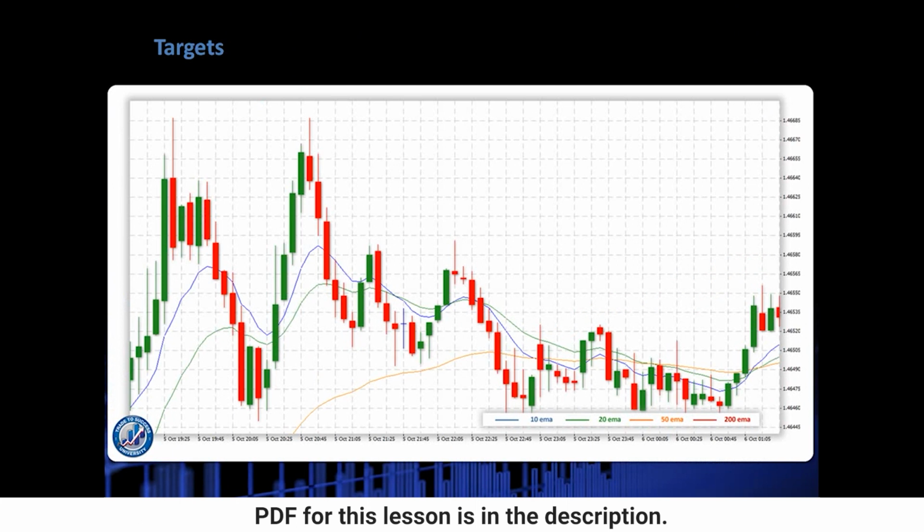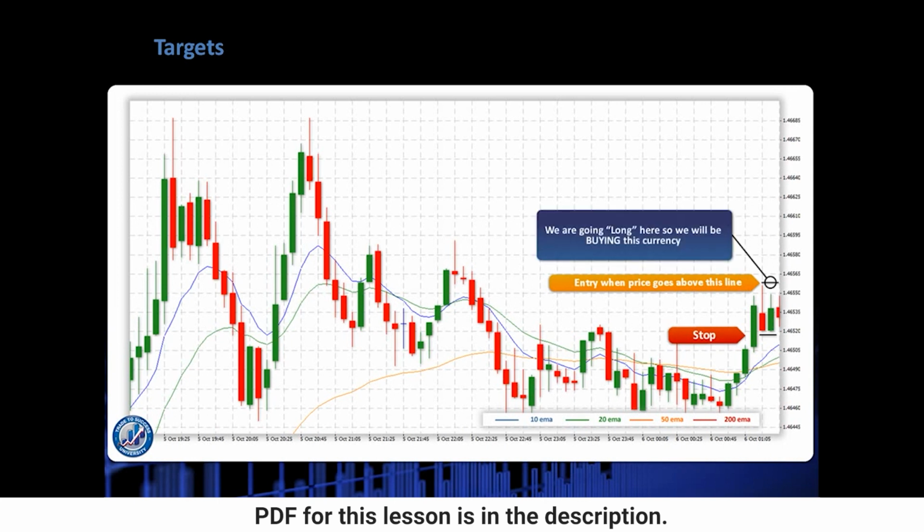Now the examples we're going to go through now are theoretical, so we can illustrate target points. So we've got this example here, and let's say that we want to enter as indicated when price goes above the black line. We want to place our stop as indicated if our entry is triggered. So if entry is triggered, we will be going long because we are buying the currency.